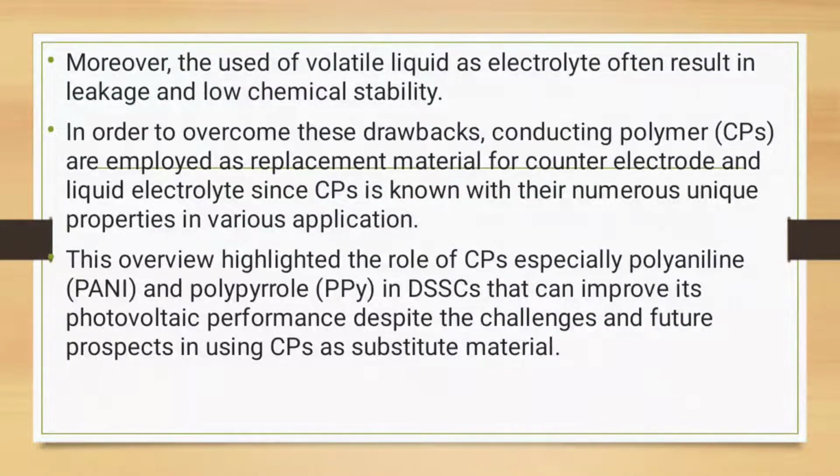CPs are known for their numerous unique properties in various applications. This overview highlights the role of CPs, especially polyaniline (PANI) and polypyrrole (PPY) in DSSC, which can improve its photovoltaic performance, despite the challenges and future prospects in using CPs as substitute material.